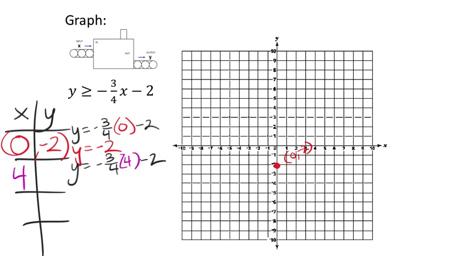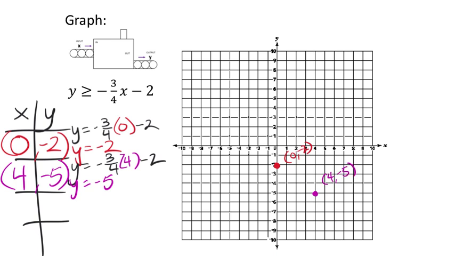And again, 4 will help us to avoid any fractions or decimals. So y equals, let's see, put this in the calculator, get -5. Okay, so I have the ordered pair 4, -5, which I can put into the graph, 4, -5, right here.